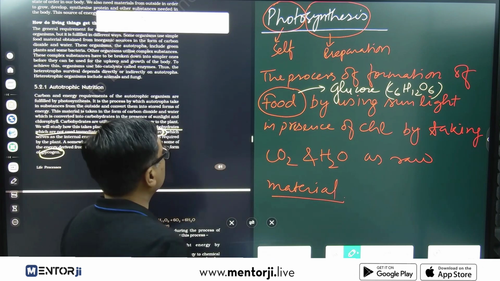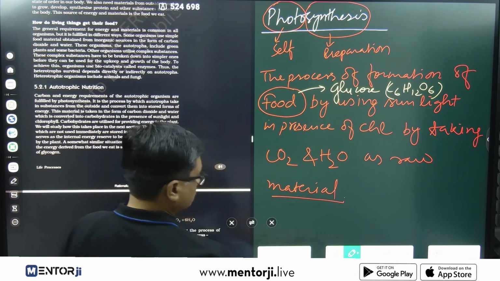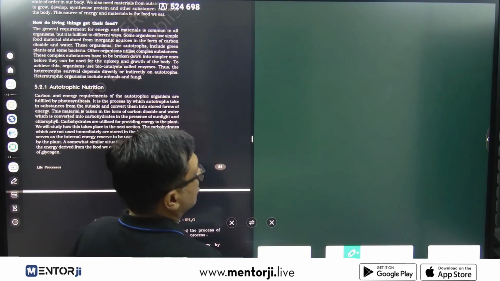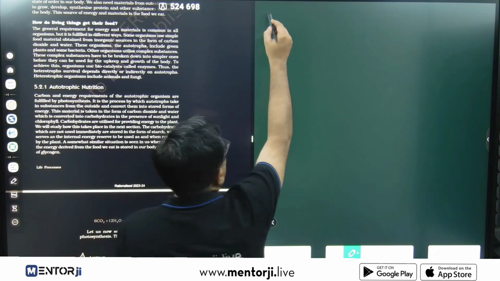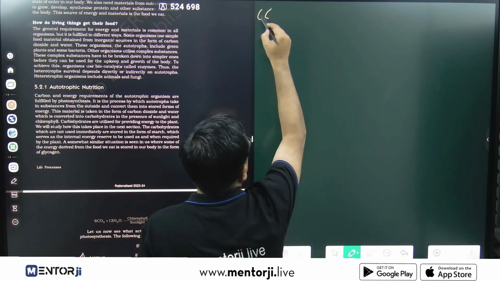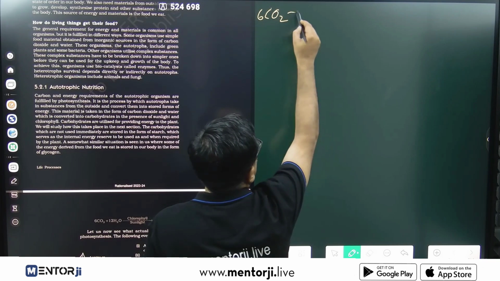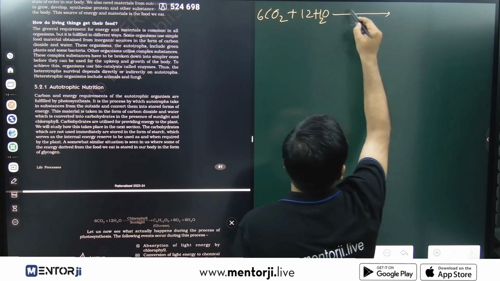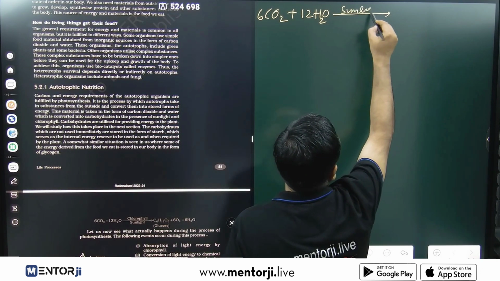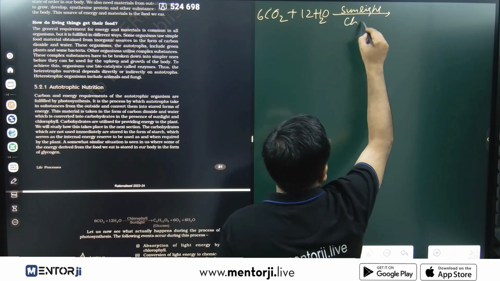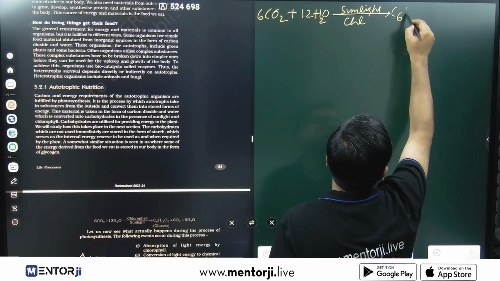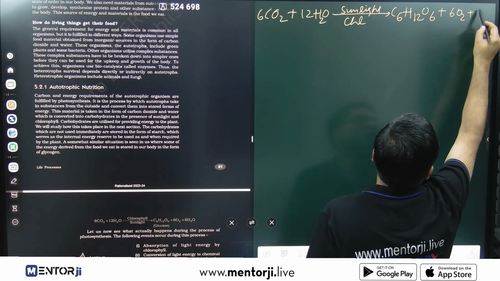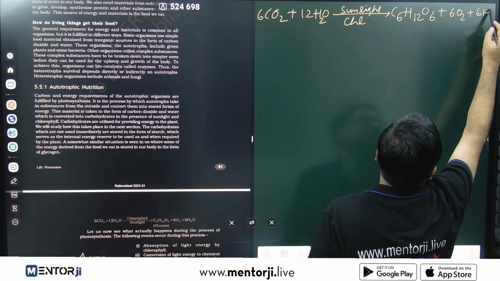So let's talk about the overall equation. If we take 6 carbon dioxide molecules, 12 molecules of water in presence of sunlight and chlorophyll, there is formation of C6H12O6 plus 6O2, and 6H2O.